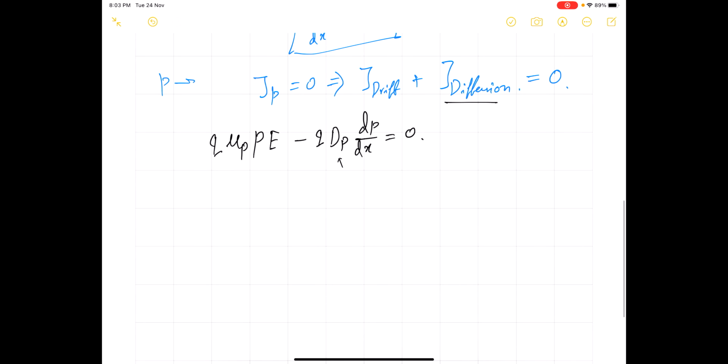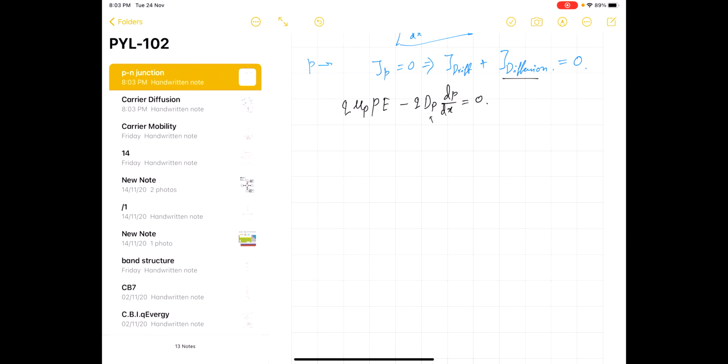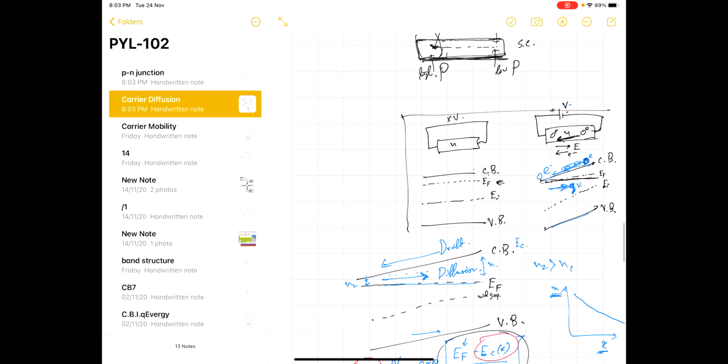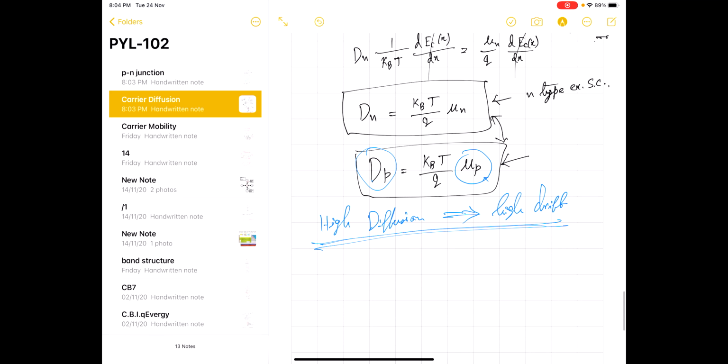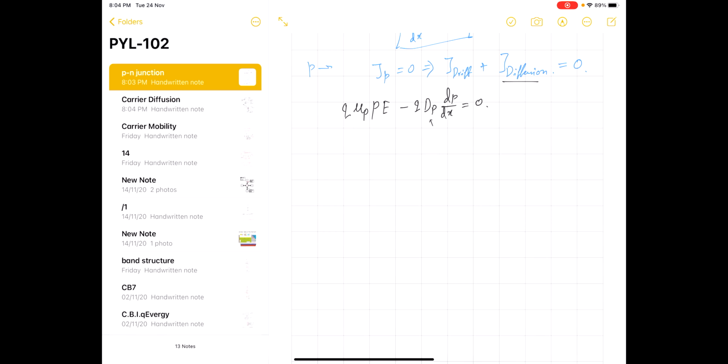Now, going back to the last lecture, we use the Einstein relation: the diffusion coefficient is kBT by q into mu p. So we put this back here.